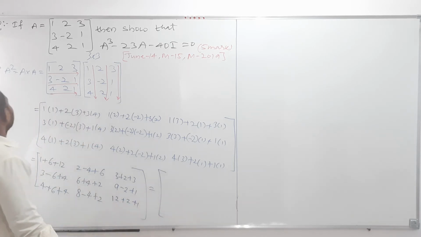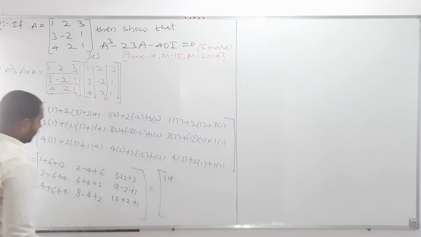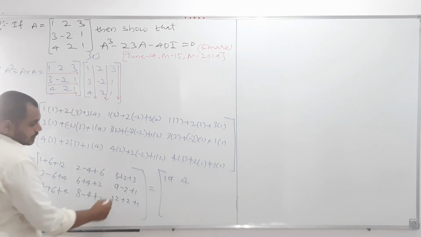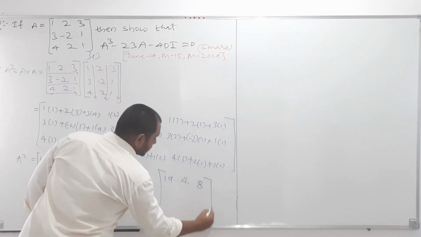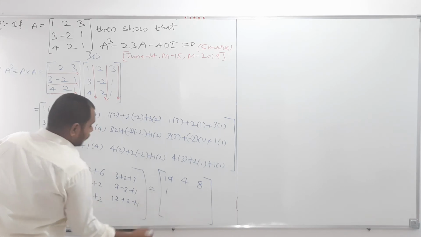So therefore my dear friends, your A square value is equal to 12... 6 plus 1 is 7, 8, 9, that is 19. 6 minus 4 is plus 2. 2 plus 2 is 4. 3 plus 2 is 5 plus 3 is 8. Clear? Next my dear friends, minus 6 plus 3 is minus 3 plus 4 is 1.